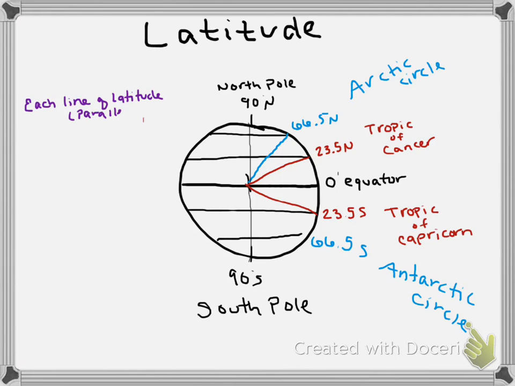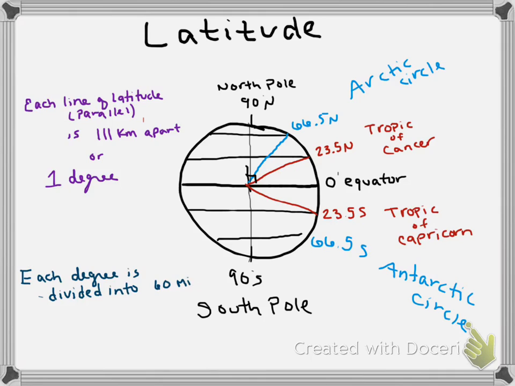Each line of latitude, also known as a parallel, is 111 kilometers apart, or 1 degree. Each degree is further divided into 60 minutes, and this is denoted with an apostrophe. Now remember that minutes is not a time in this situation.